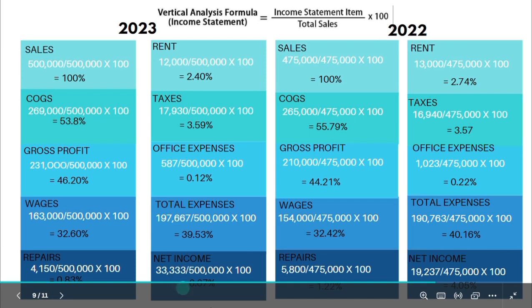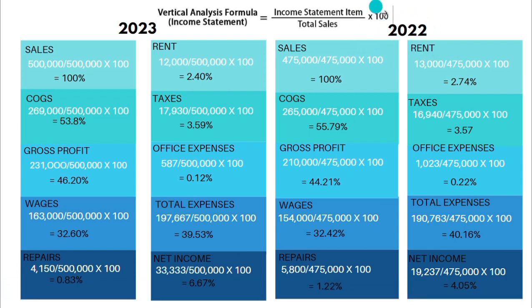So, dito naman tayo sa 2022, same lang ng procedure, income statement item, yung amount nun, divide by total sales times 100. So, sa sales, meron silang 475,000 sales noong 2022, divide by 475,000 sales noong 2022, so divide by itself times 100 is equals to 100%.